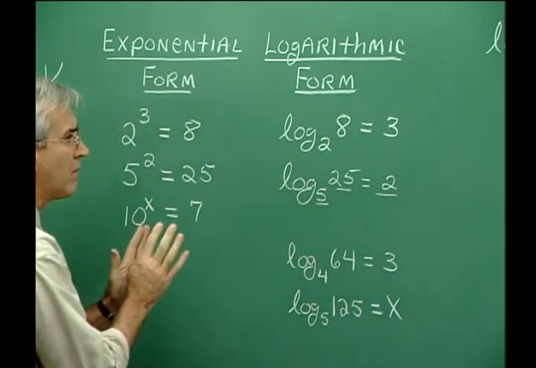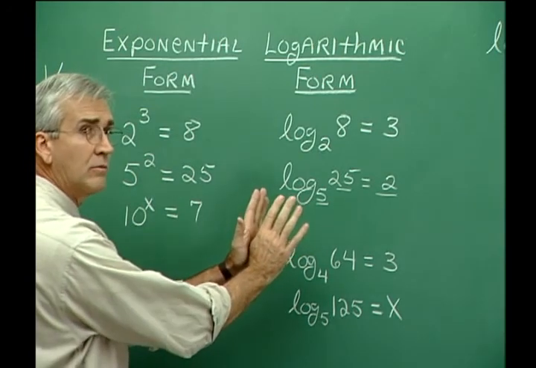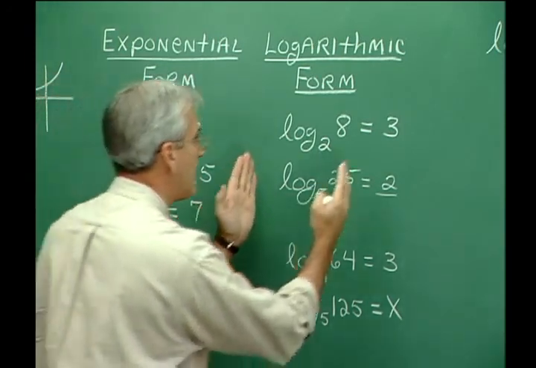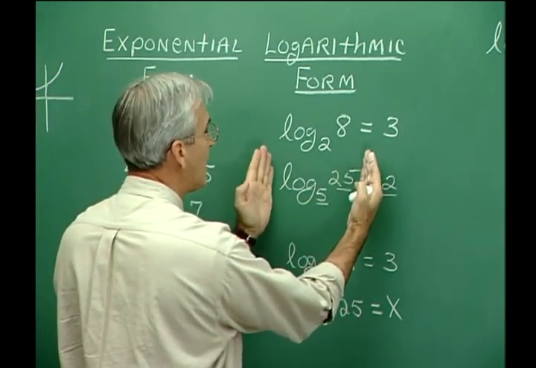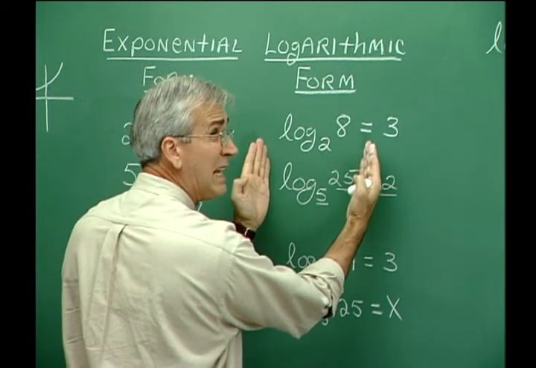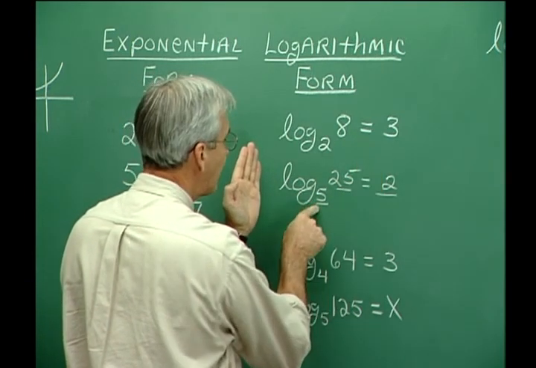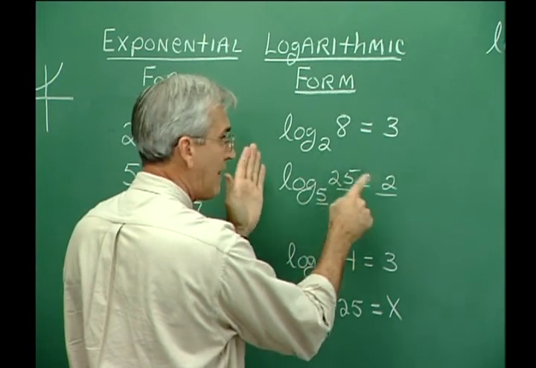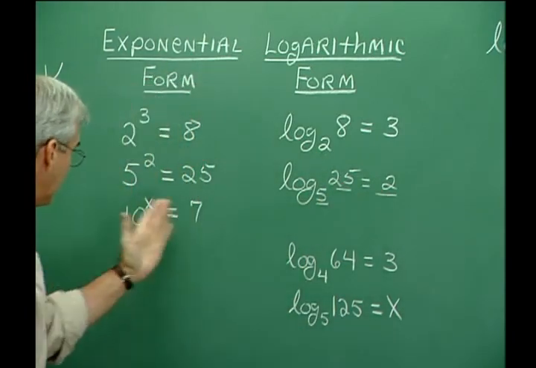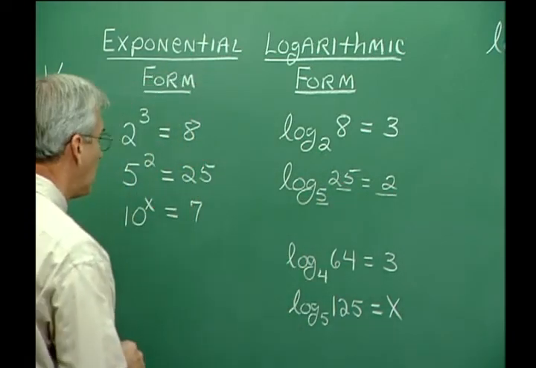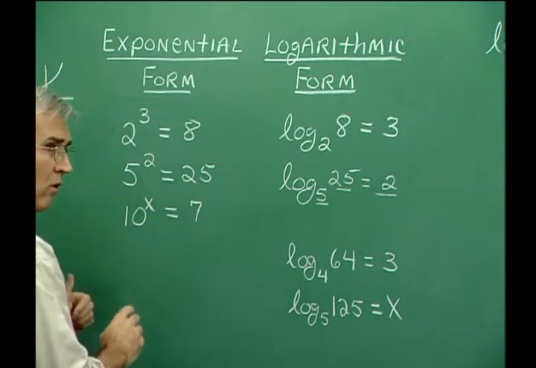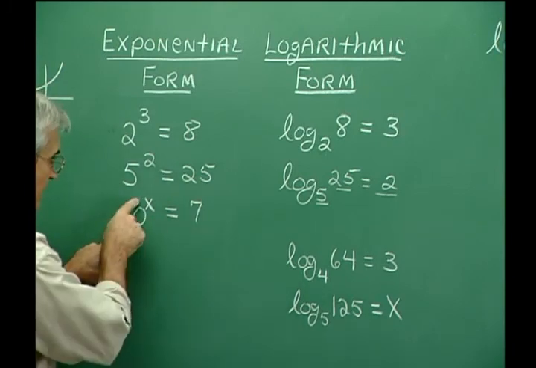But it's really important to interpret the situation properly. We're thinking here that a logarithm is an exponent, and this really means the exponent on 5 that gives 25, and that exponent is 2. Okay, let's do one that has a variable involved in it. For logarithmic form, there are 3 positions. Here's the base, here's the exponent.